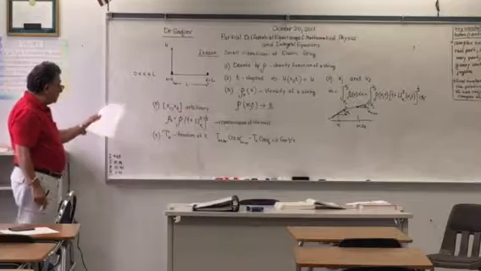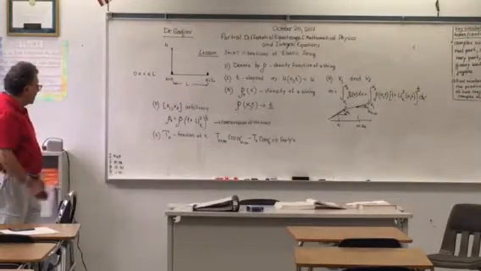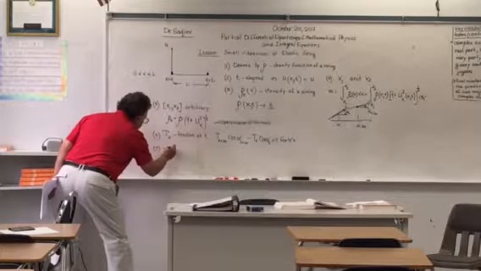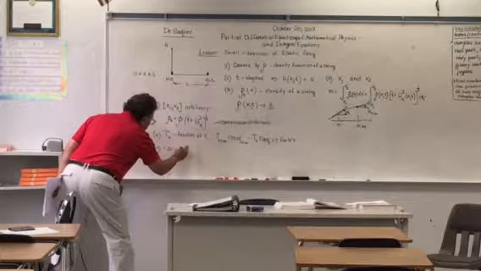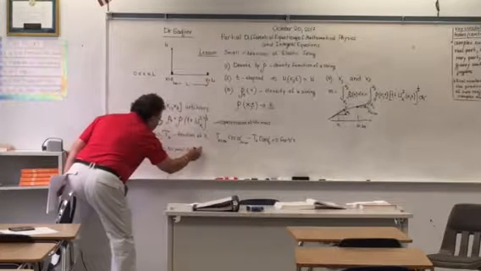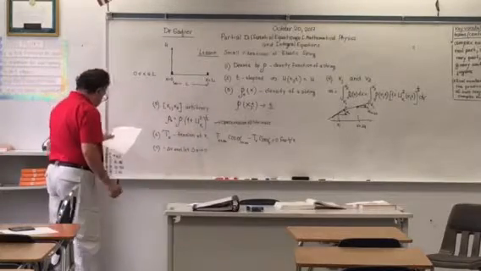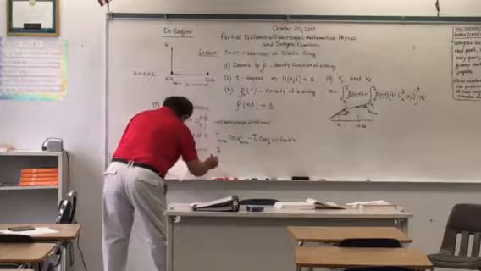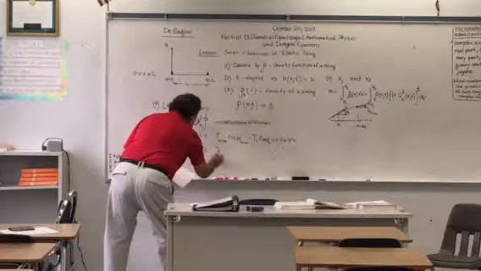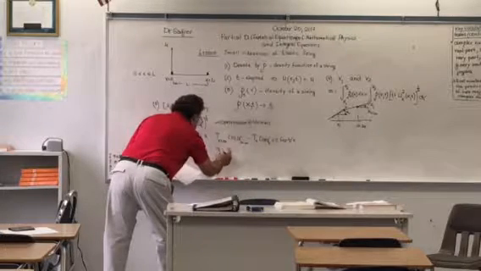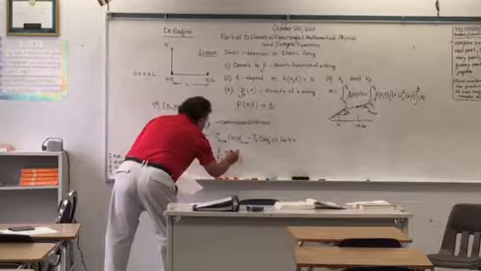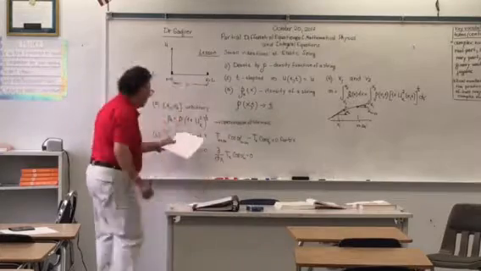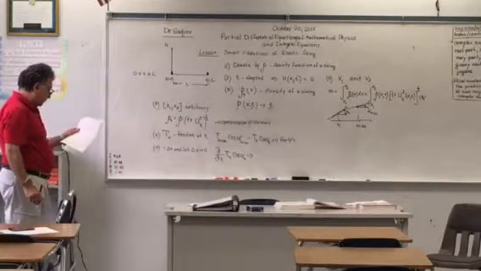If we divide this equation by delta x and let delta x approach 0, then we can write the partial derivative d over dx of T of x cosine alpha of x is equal to 0. So we have this differential equation.